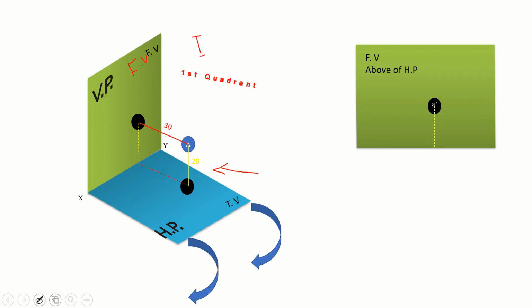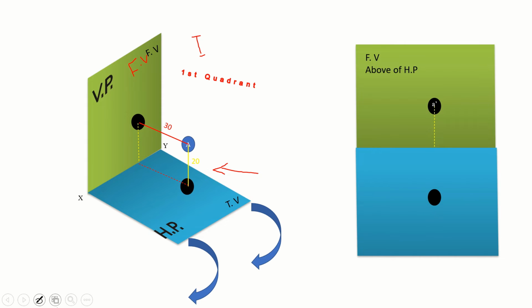First I have drawn the front view, which is 20 mm above the XY line, the intersection line between the VP and HP. Now I am drawing the top view, which is 30 mm below the XY line. Since I am tilting the HP, I get a single plane diagram like this. This is the projection of a point in the first quadrant.